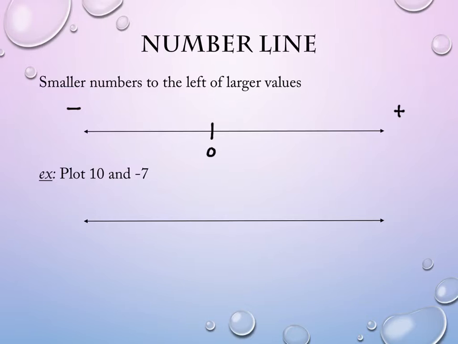So if we're looking at our number line, we have a 0 in between. And then if we're plotting 7, we'll mark 7, 10, we'll mark 10 to the right. So this one's 10, and we'll make a dot there. And if we're doing negative 7, we'll do 7 to the left. It's negative 7, and we make a dot there.